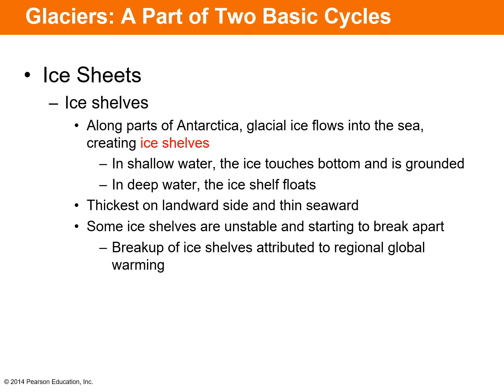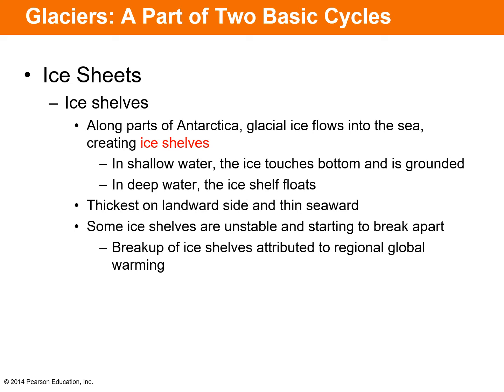And in shallow water, for example, a lot of times near the coast of the continent of Antarctica, the ice touches the ocean bottom and is, sort of quote unquote, grounded or attached to the ocean floor. And then in deeper water, usually further out from the continent of Antarctica or other continents that have ice shelves, the ice shelf just floats on the water.